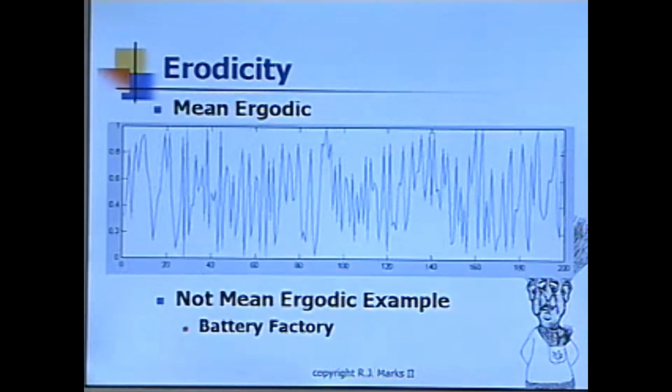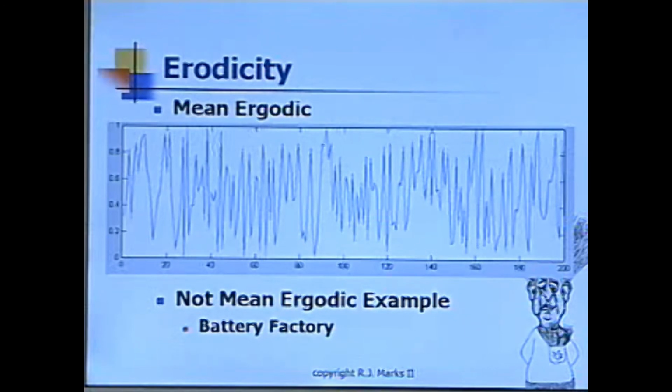Let me ask you this. Is this, say, a wide sense stationary stochastic process? Yes, it is. How about my battery factory? Are those values wide sense stationary? Yes, they are. It is a wide sense stationary process. If you have constants, good grief, the statistics at one interval are going to be the same as at another interval, because it's going to be the same for all values of time.